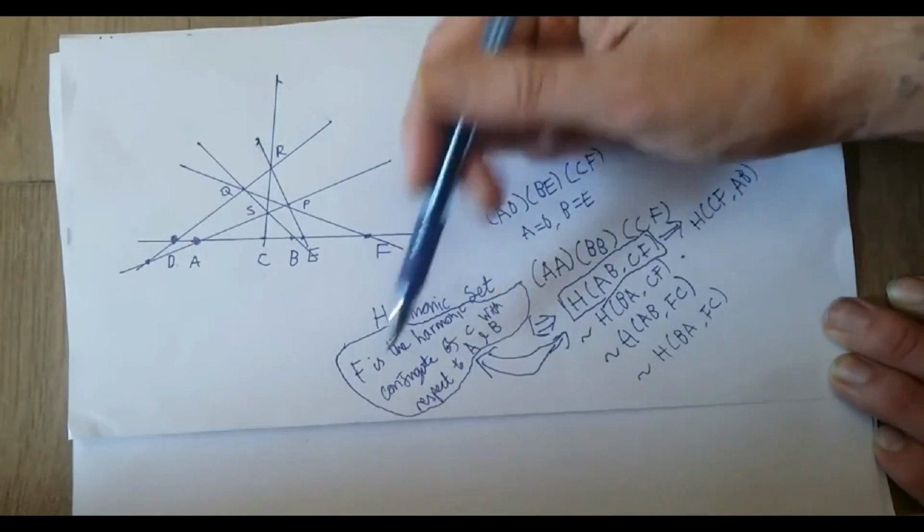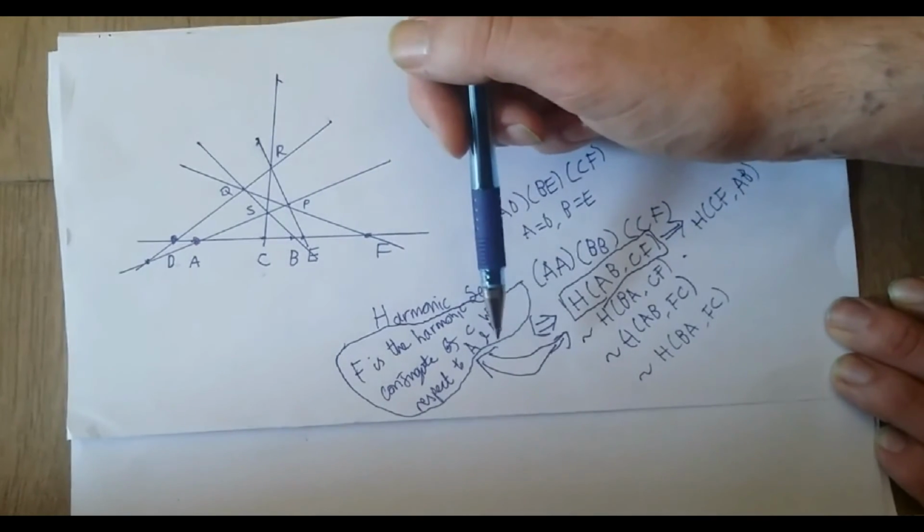So we say that F and C are harmonic conjugates.